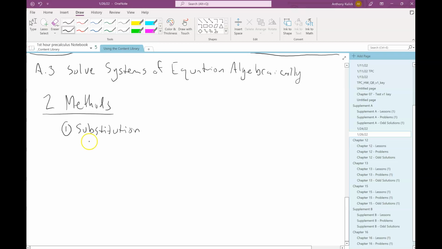So the idea with substitution is we're going to choose one of the equations, and in that equation get one of the variables by itself.